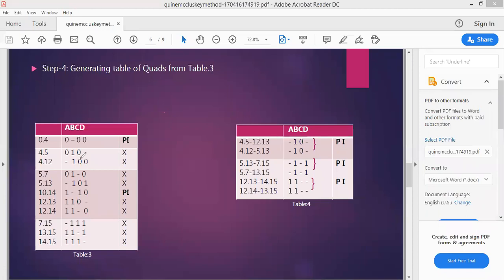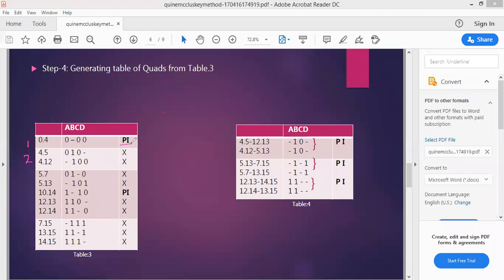We cannot group the first group with the second group as there is more than one difference in bit position. So group 0, 4 is not considered for grouping with other groups, so it is indicated as prime implicant.